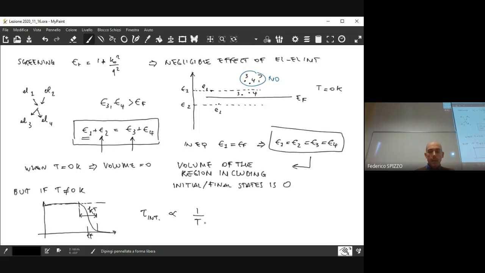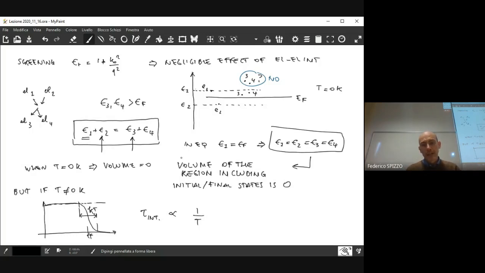So the larger the value of the temperature, the larger the width of the energy range where we may pick up the variation of E2 and E3, the smaller will be the relaxation time, because if the width of that energy range is wide, then we have the possibility to observe many scattering events.